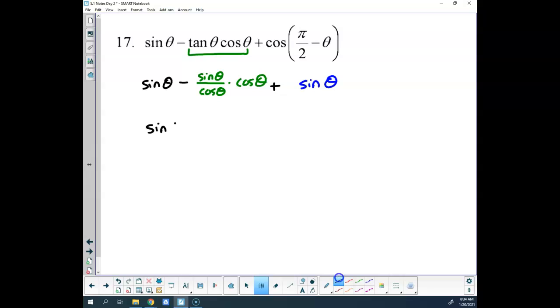Sine is still sine. Sine over cosine times cosine becomes sine.